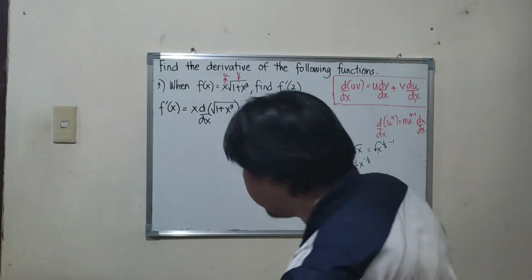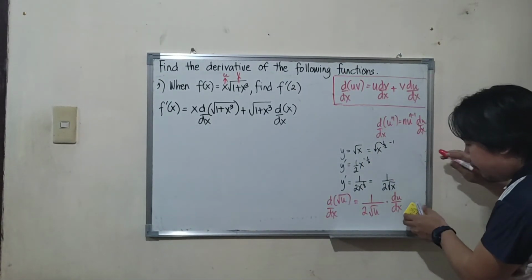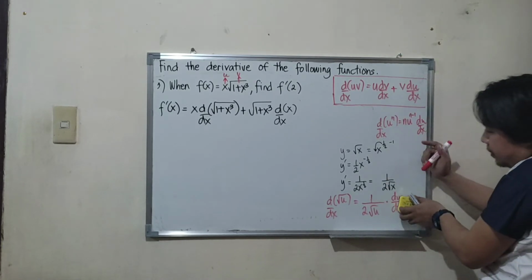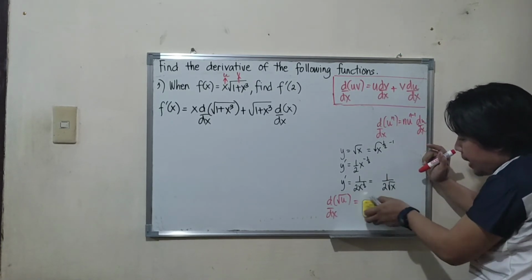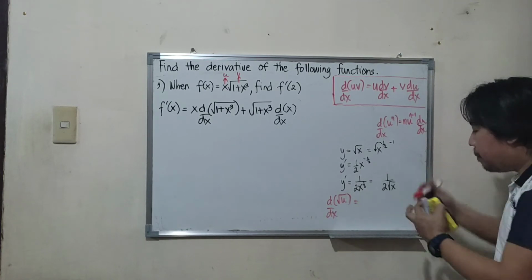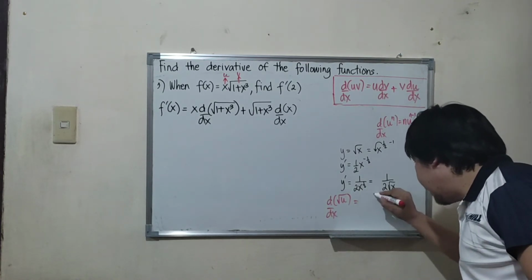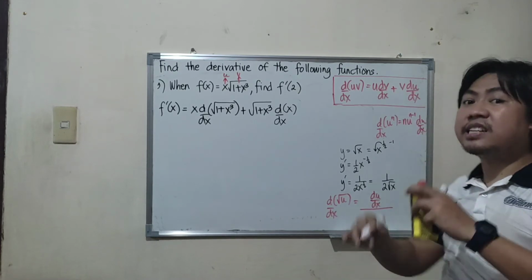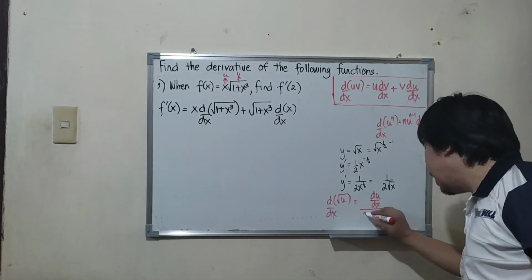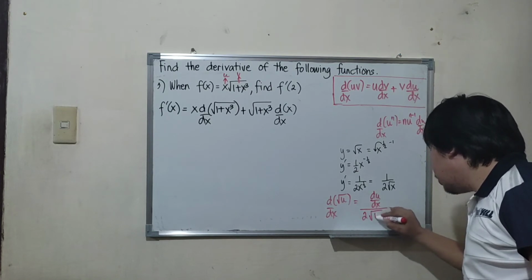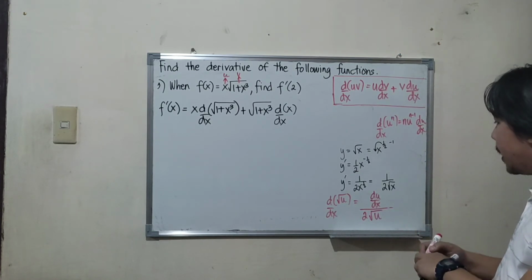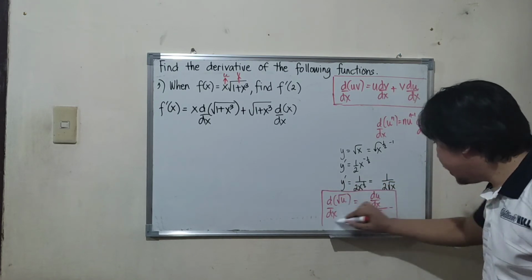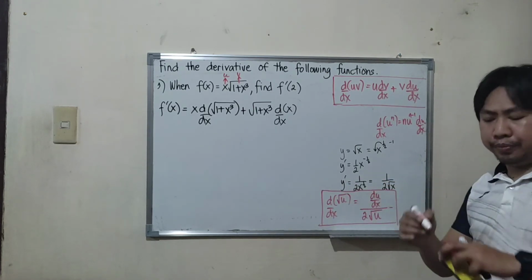So para mas madali nang tandaan, ang formula na gagamitin na natin, basta nagkaroon ng radical, ay derivative of u with respect to x over, para sa square root lang ito, so hindi sa lahat ng radical, 2 square root of u. So this is now the formula for square root of u.